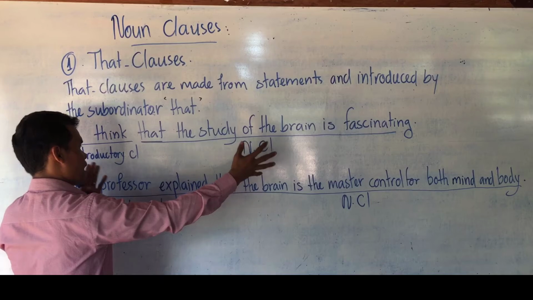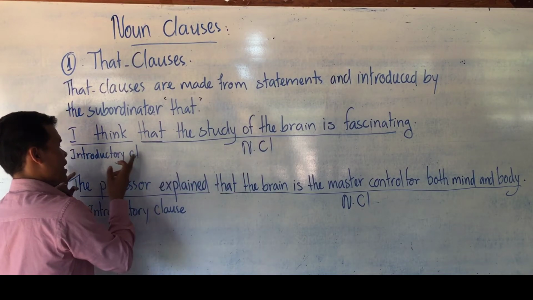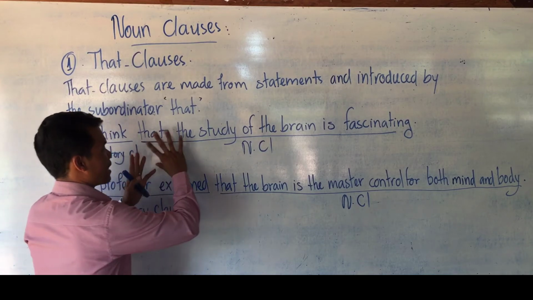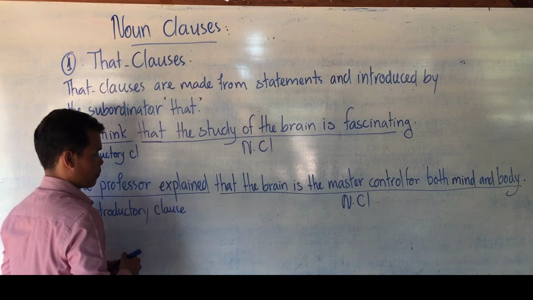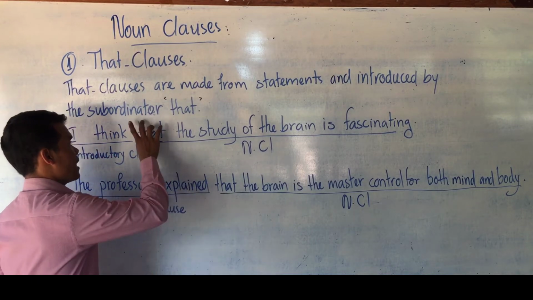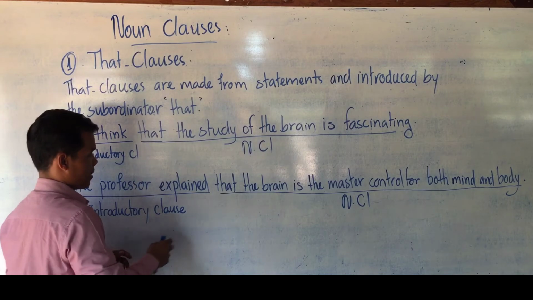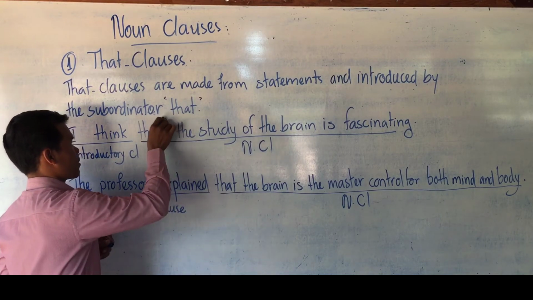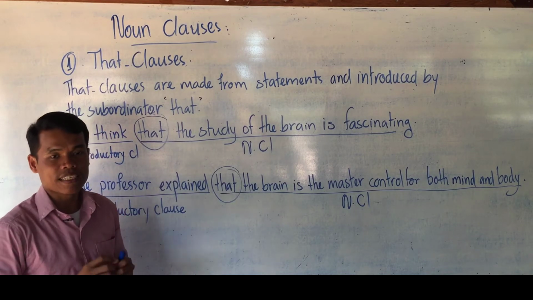So the sentence is made from two sentences combined. One is the introductory clause, the other is the dependent clause called the noun clause. The question is, can that in here be omitted in this sentence? The answer is very easy.